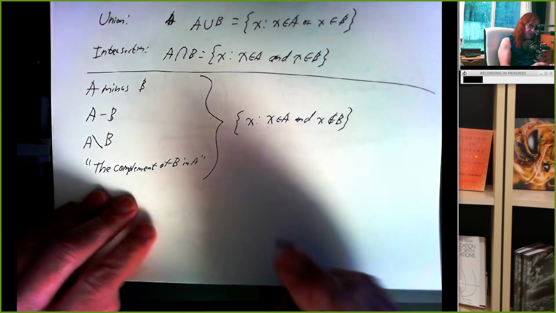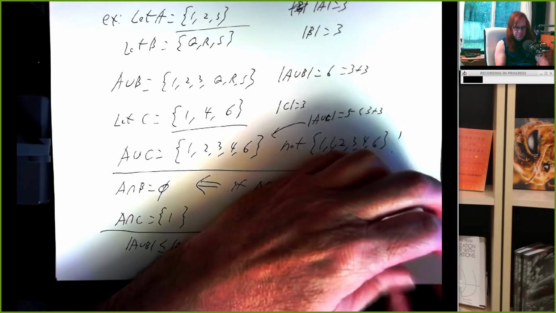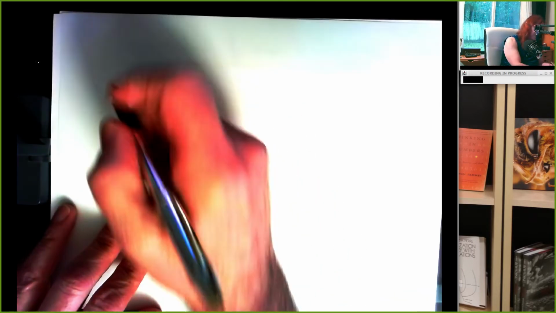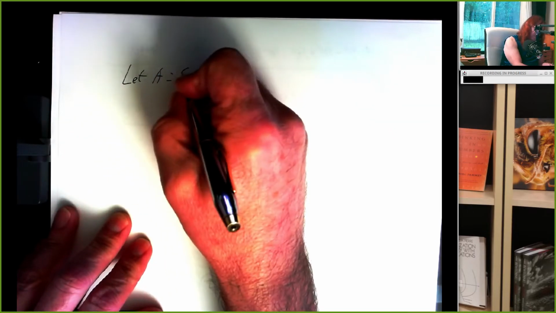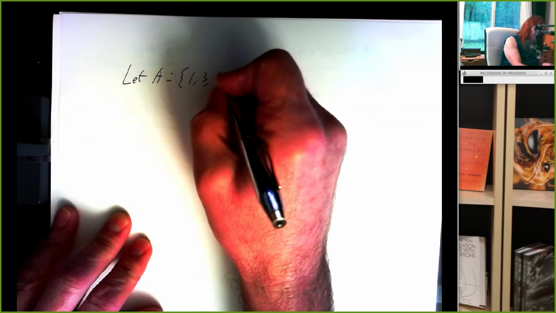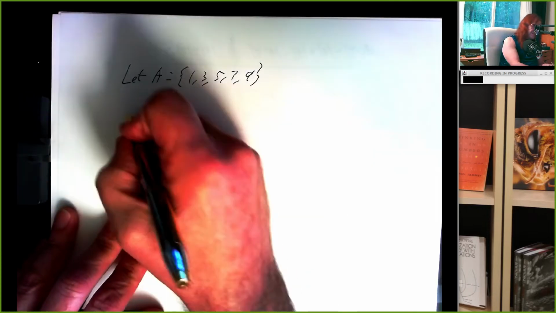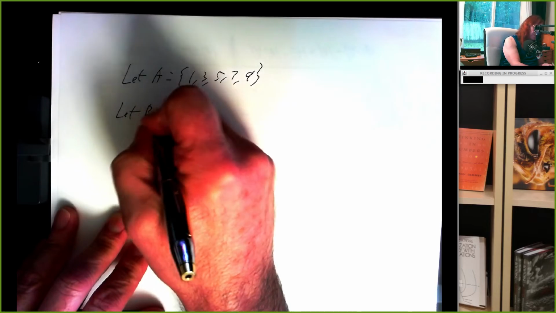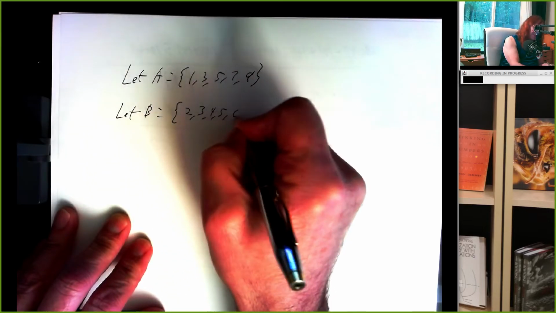All right, so example. Let A be the set 1, 3, 5, 7, 9. Let B be the set 2, 3, 4, 5, 6.